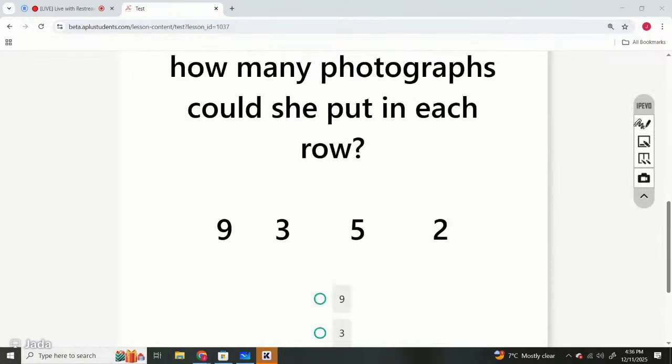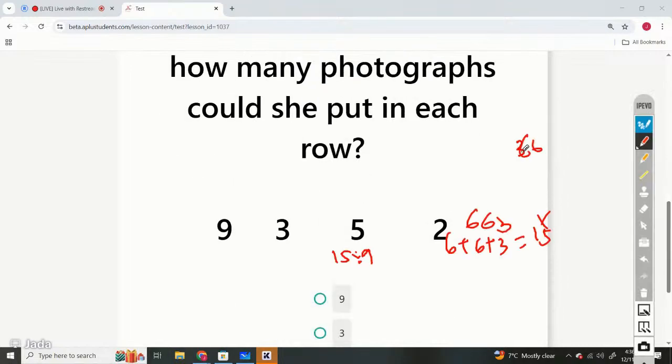Okay, the next one is 3. 663 divided by 3 is 221. That means yes, the number is divisible by 3. Got it?